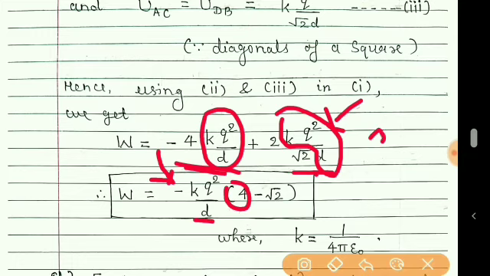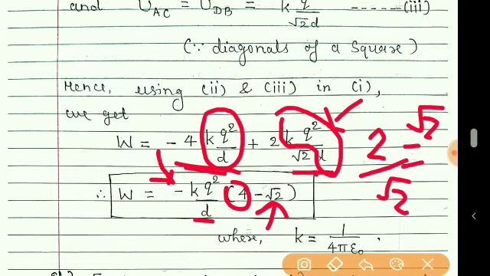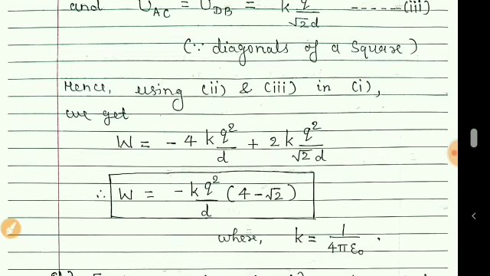But we know that 2 upon root 2 is equal to root 2, and so it is there here. And as this is positive and we have taken out common minus, there is a negative sign. Now students, in your textbook a complicated method is given. Just go through it, but I found this as the simplest.